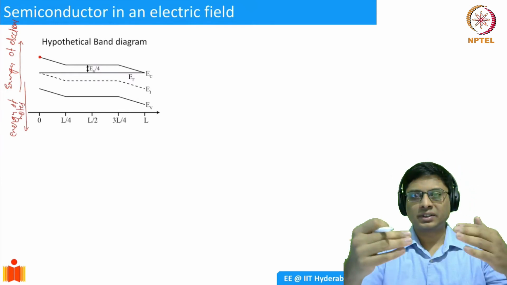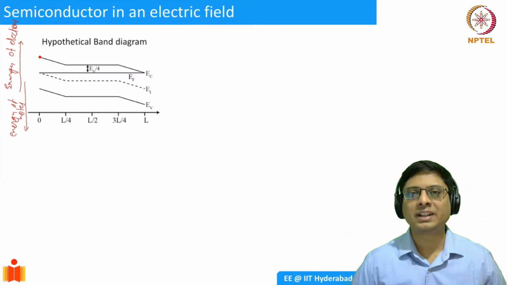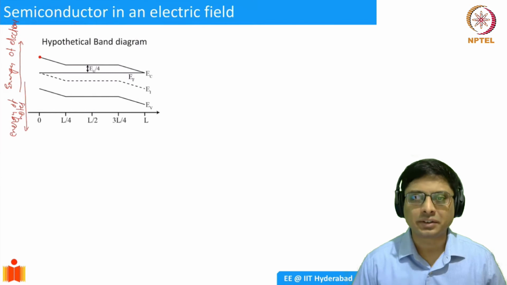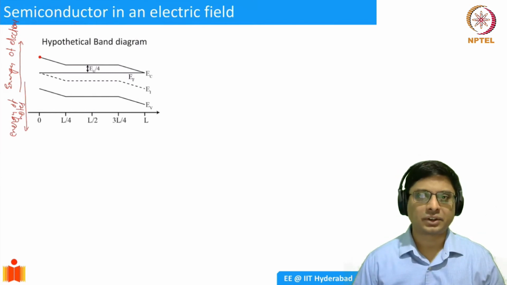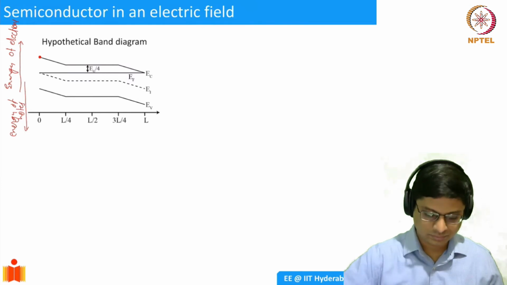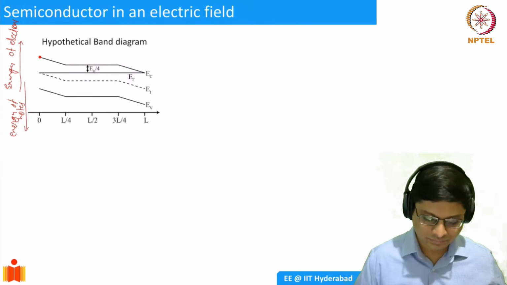Remember, we said as the hole goes deeper into the valence band, it has a higher kinetic energy. So basically, the energy of the holes increases as you go lower, and the energy of the electrons increases as you go higher. So you have a band diagram like this.